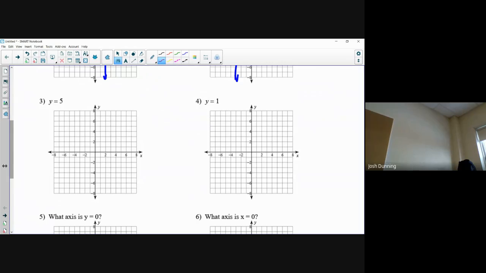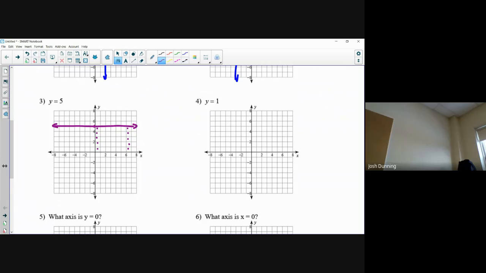Now, number 3, y equals is horizontal. When you have y equals just a plain old number, horizontal. Here's 5 on the y-axis. Then you draw a horizontal line. And again, the reason why y equals forms a horizontal line is, look, every single part of this line that I just drew is 5 blocks up.